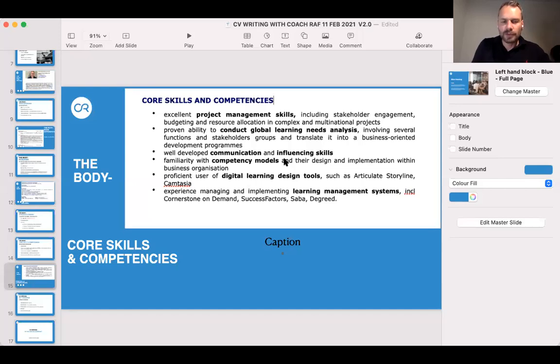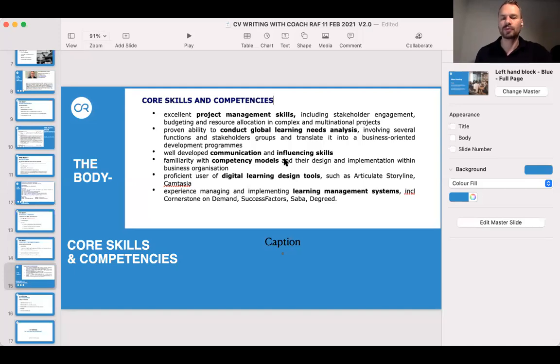So the question was, how many skills? First of all, think about all the skills that you think are important for the role. Imagine I'm applying for a role, let's say, of a project manager in a learning organization. That means that in my core skills and competencies I want to highlight those skills that would match this particular role, right?